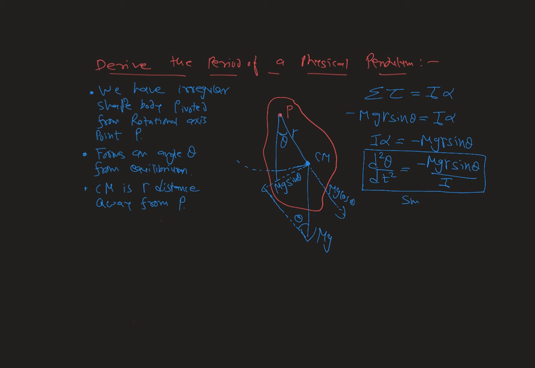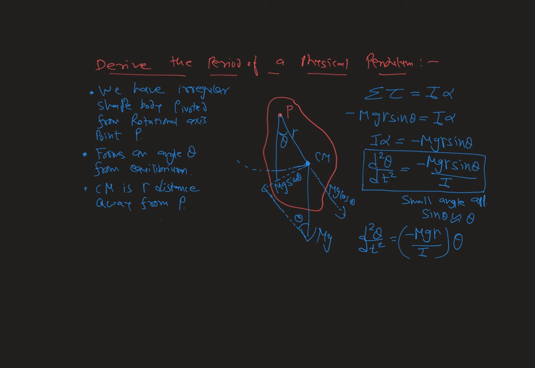Using the small angle approximation, the sine theta value is very, very close to theta. So we can replace sine theta with just theta, right? If we do that, we get d squared theta over dt squared equals negative mgr over I times theta.